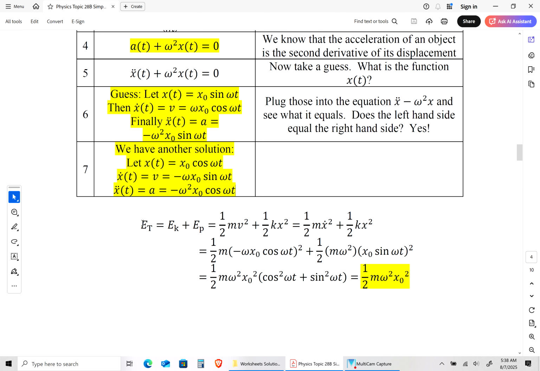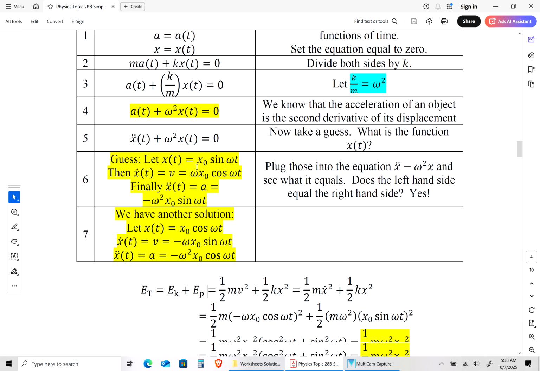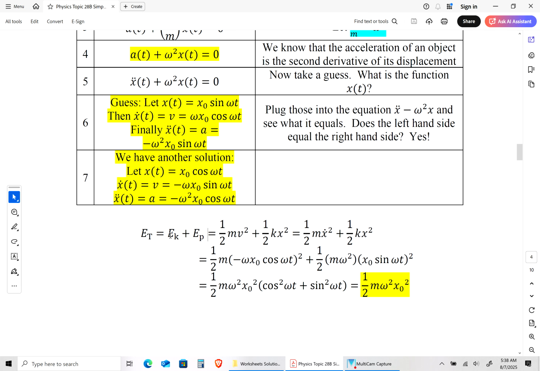So total energy of this mass on a spring is the kinetic energy plus the potential energy, which is 1/2 mv squared plus 1/2 k delta x squared. v is x dot here.